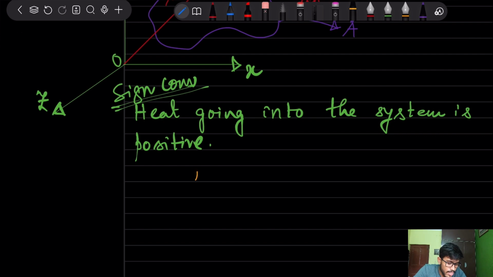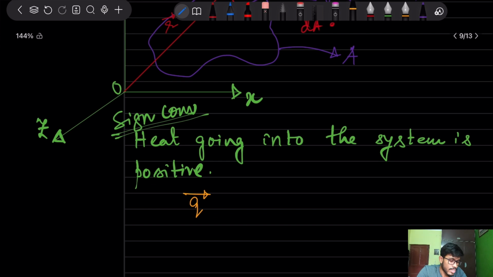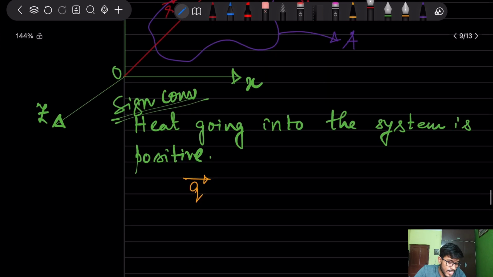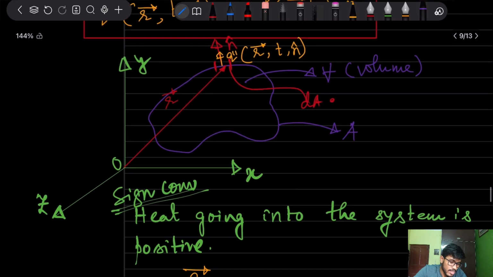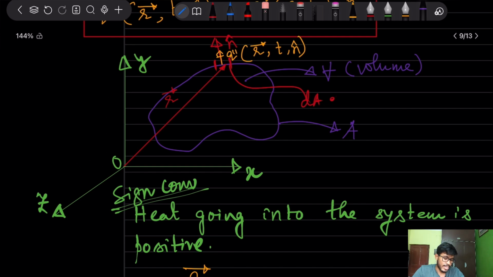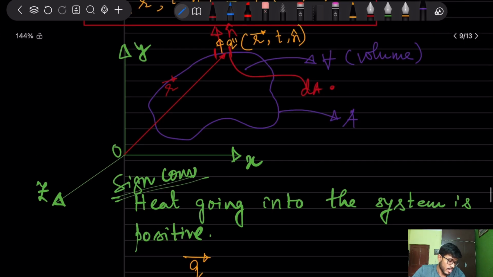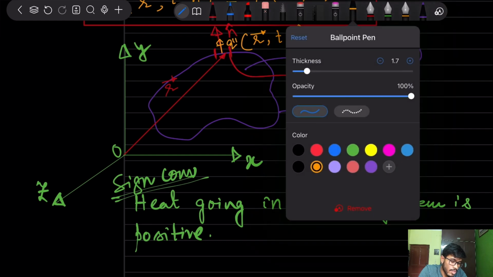if I am having this q bar, let me draw this dA here again, maybe here only. This part I will be drawing with yellow, the zoomed version.